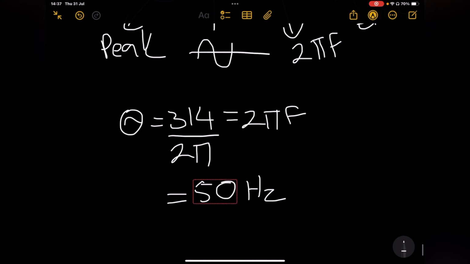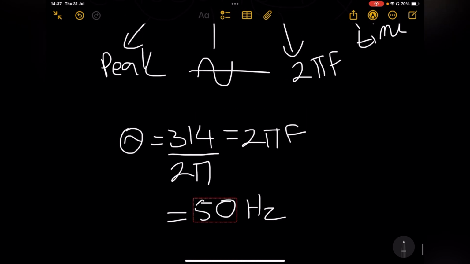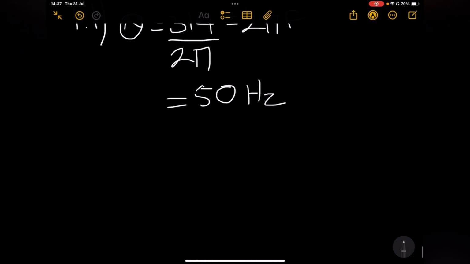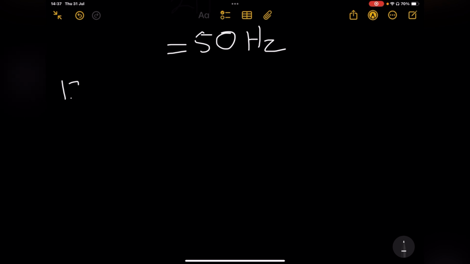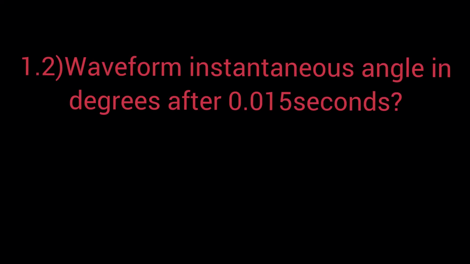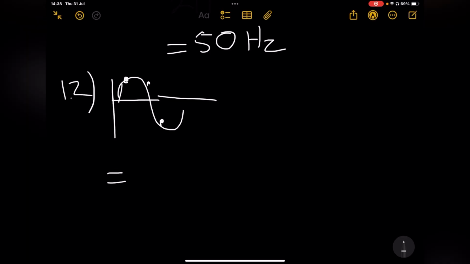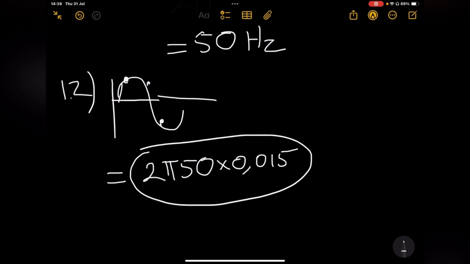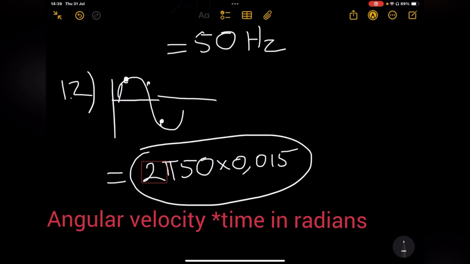Next question, we'll call this frequency question 1.1, and we'll go over to question 1.2 quickly. So we can take our angular velocity, which is 2 pi 50 times 0.015, and all of this, as I said, is angular velocity in radians.